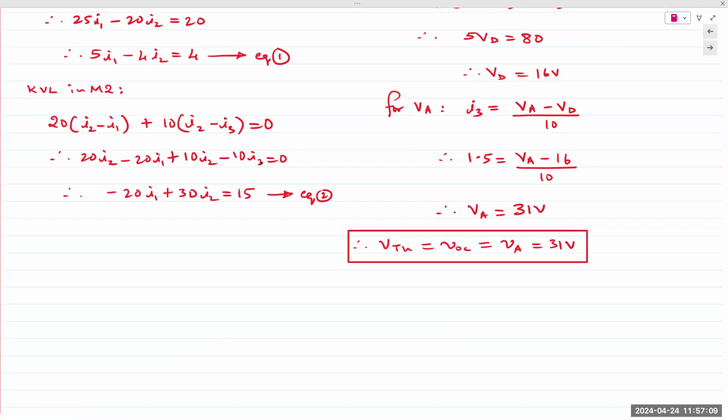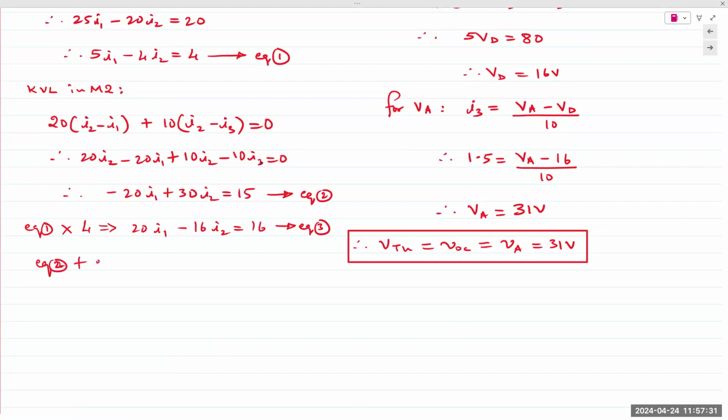You can solve this manually. Equation 1 multiplied by 4 gives me 20 times I1 minus 16 times I2 is equal to 16. Call this equation 3.